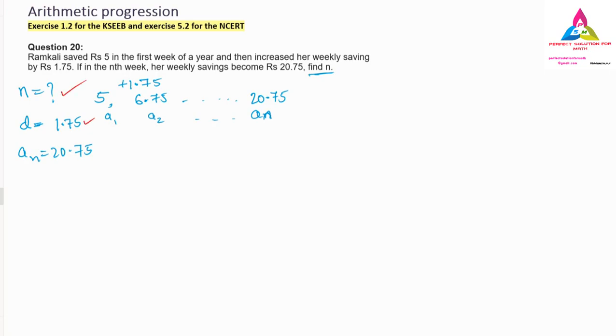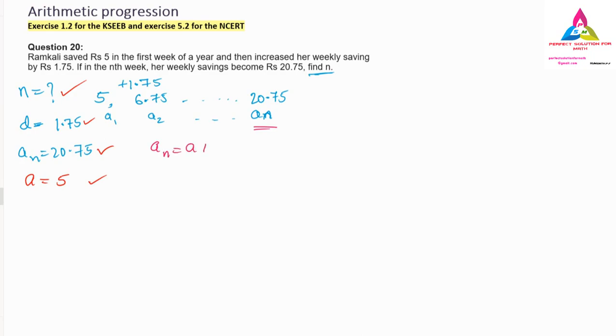Yes, d value, that is 1.75. Every week the increase or decrease, the difference we have, is called the d value. So an is also given, 20.75, but they have given one more thing, that is the a value also, because the first saving is given as 5. So these are the basic things they have given. By using this we have to find the n value. I think now you understood what we have to do next. We need the an formula, because we have to find n.